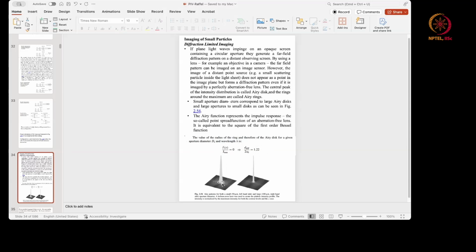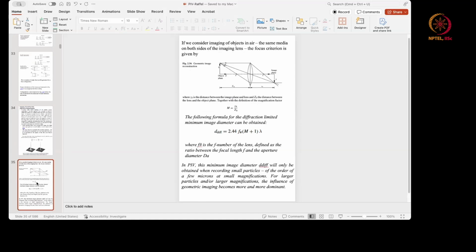So the rule of thumb is that the smaller the particle, the larger the size of the Airy disk. This we already know from our previous experience. Now, if we imagine that we are imaging objects in air, the same media on both sides of the lens, this is a geometric optics picture. This is an object plane. This is the image plane that you can see.